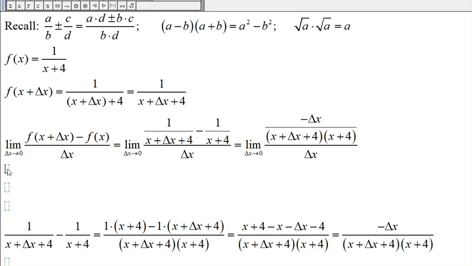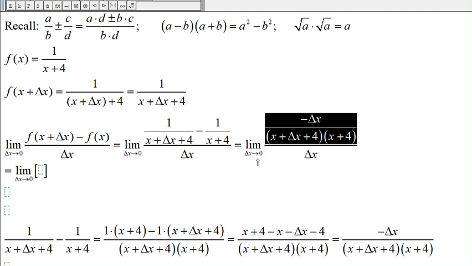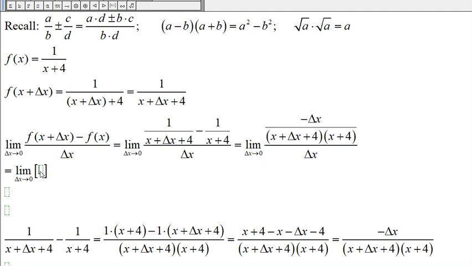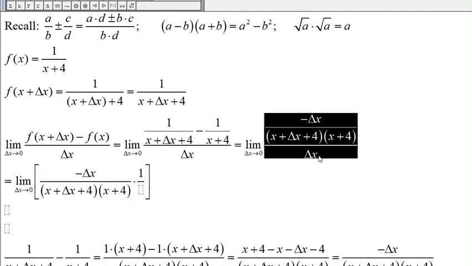And so here this is dividing by delta x, so we write it as multiplying by the reciprocal of delta x, so it'll be 1 over delta x.